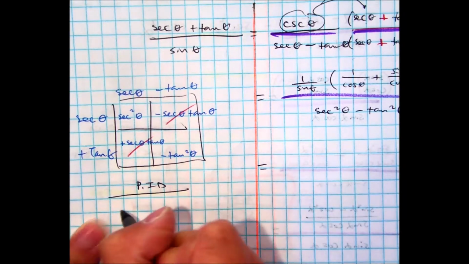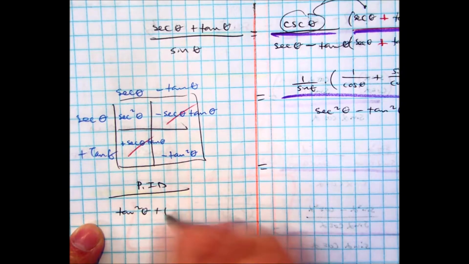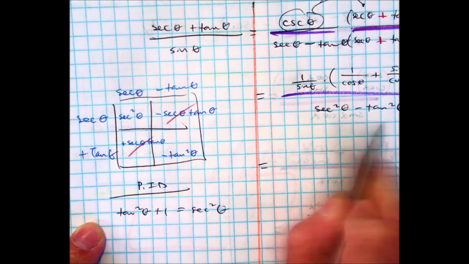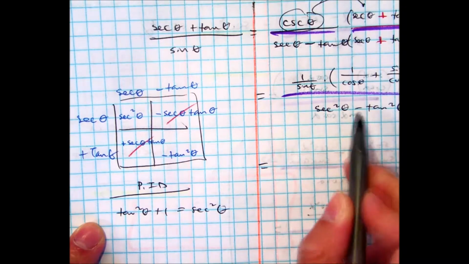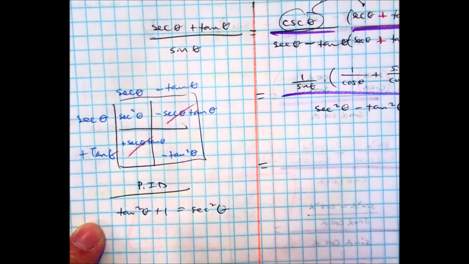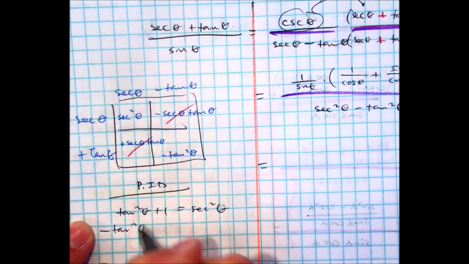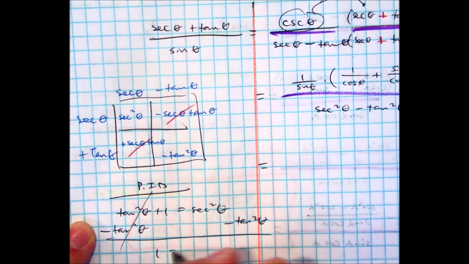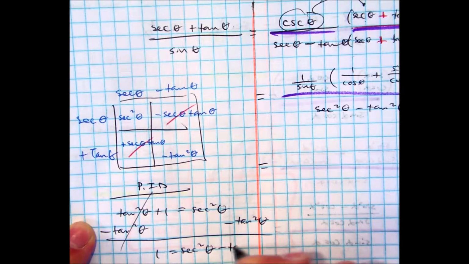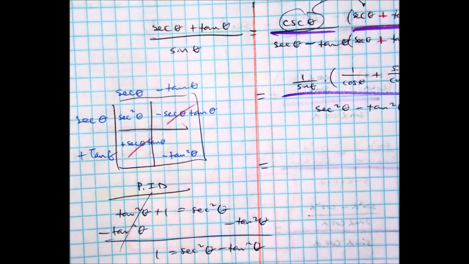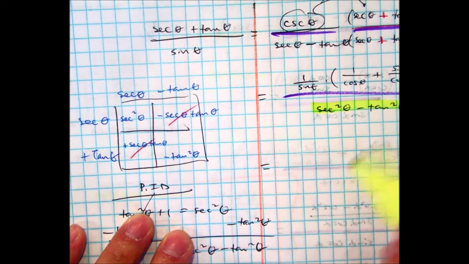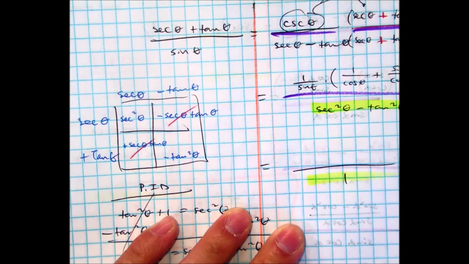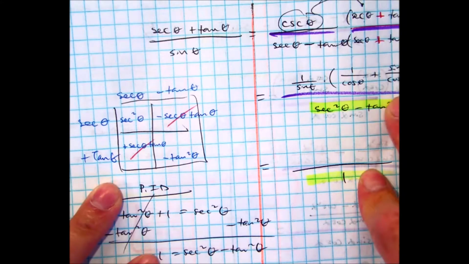The Pythagorean identity, which says tangent squared theta plus 1 equals... I want it to look like this. Where it says negative tangent squared, I just subtract it from both sides. Do you see that? I get 1 equals secant squared theta minus tangent squared theta. So class, all of that is just turning into what? 1. That's because of our Pythagorean identity.